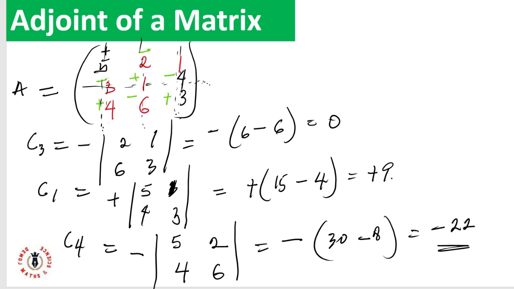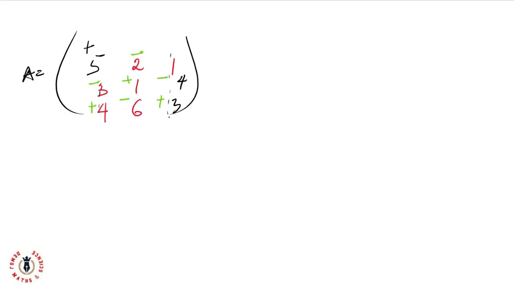Now let's go to the last column, then we'll pick each of our elements. Now C of 4 will come from, not, 4 is positive. I have 2, 1, 1, and 4.